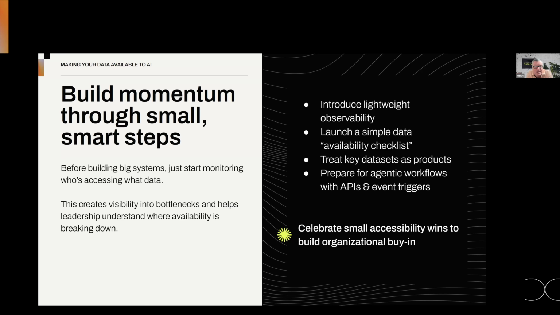So in terms of availability, we've talked a lot about making it available. I think it's good to have some type of checklist, or some type of metrics in terms of availability. Is the data discoverable? Is it accessible? Is it governed? Is it explainable? And is it secure?